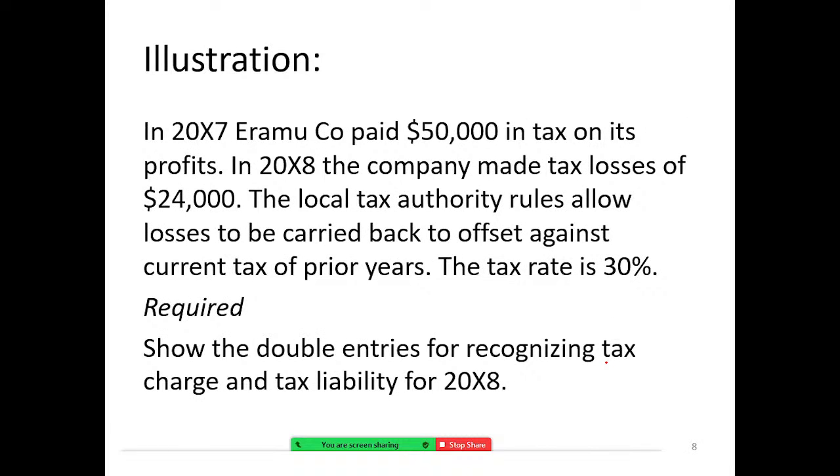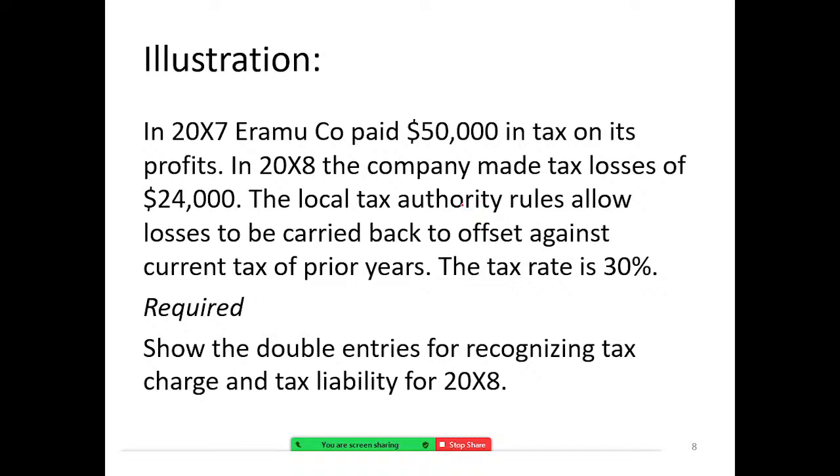In 2017, Aramo company paid 50,000 in tax on its profit. In 2018, the company made a tax loss of 24,000.